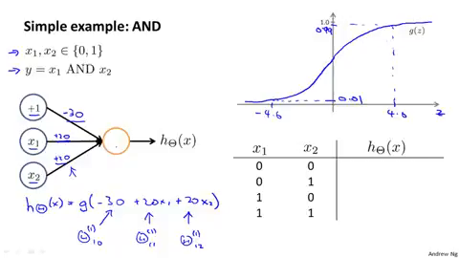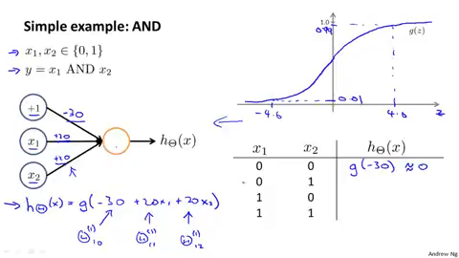Let's look at the four possible input values for x1 and x2 and look at what our hypothesis will output in that case. If x1 and x2 are both equal to 0, then the hypothesis will output g of -30. So it's going to be very far to the left of this diagram, so it'll be very close to 0.